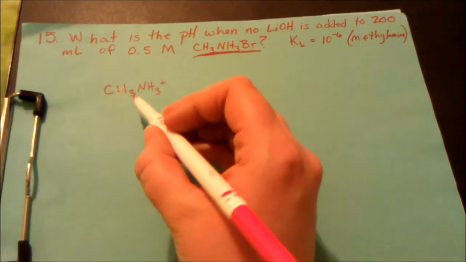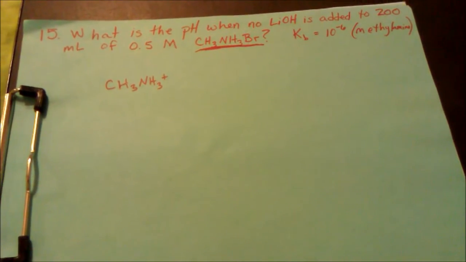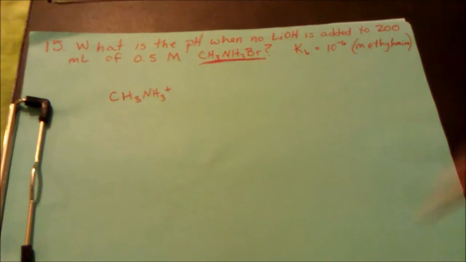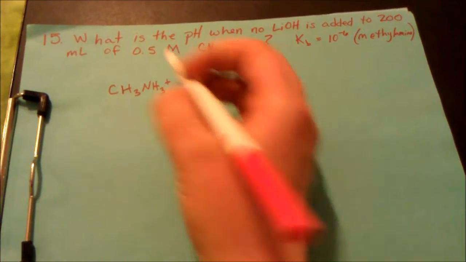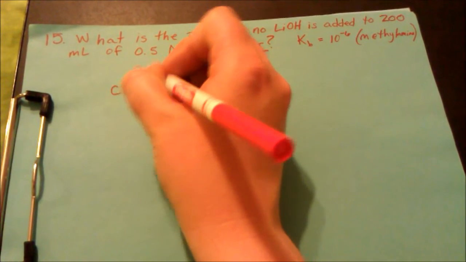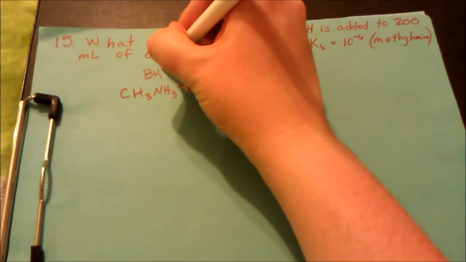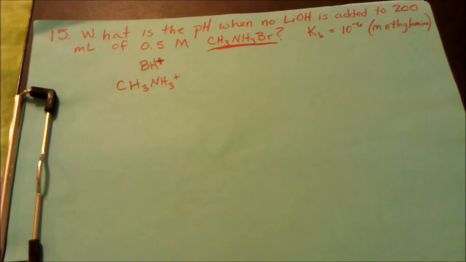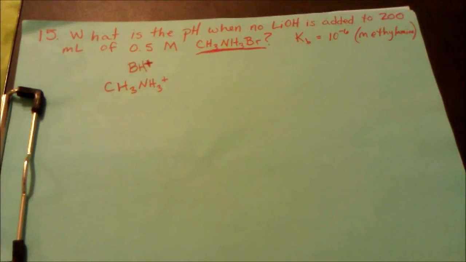If you have a cation in solution, and you know that the cation is going to act as either an acid or a base, you have to recognize that if it's a cation, that means what it really is is BH plus. BH plus is the conjugate acid of a weak base.